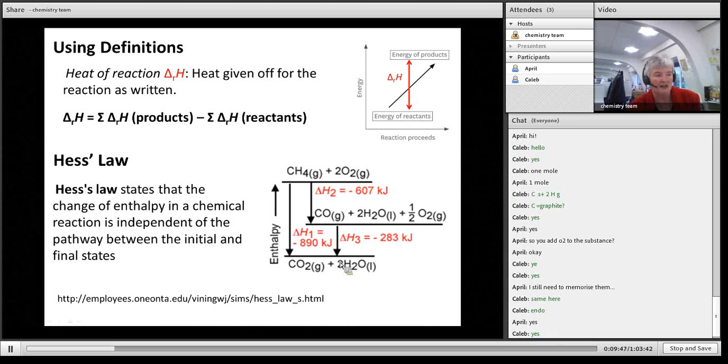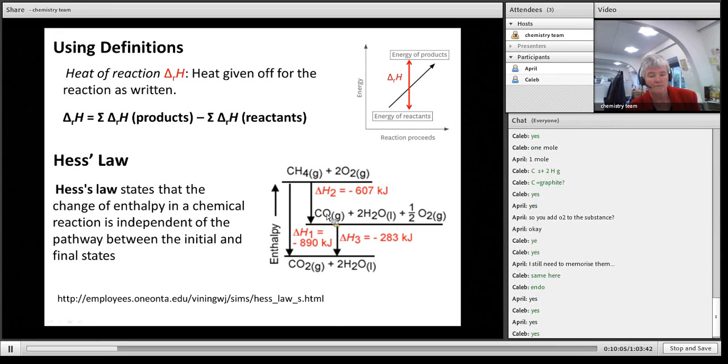So can you see I'm trying to work out this bit? So if I know delta H1, and I know delta H3, because I've burnt carbon monoxide to carbon dioxide, can you see I can work out this step in the middle? Yep, so it's by subtracting them.